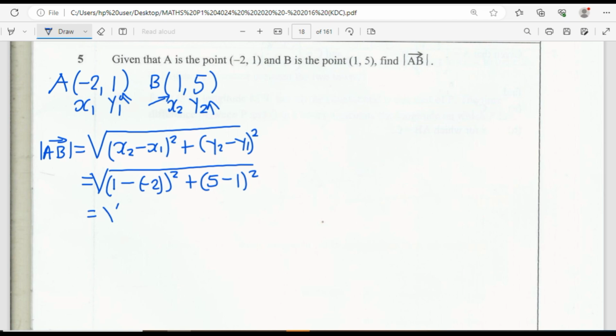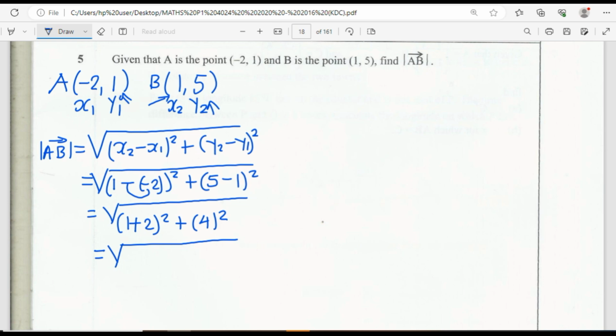Okay, let's now do the math. From the first pair of coordinates, we see that this negative will multiply with that negative, giving us a positive. So we have +2 squared plus 5 minus 1 will give us 4 squared. Okay, so now 1 plus 2 is 3 squared plus 4 times 4 will give us 16.